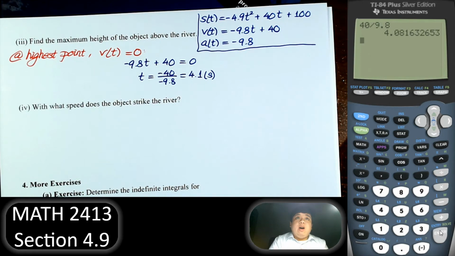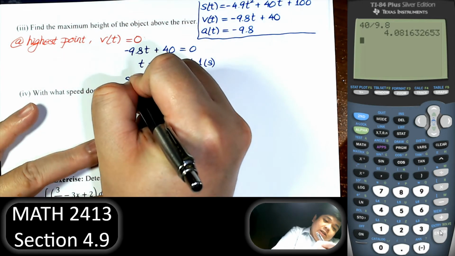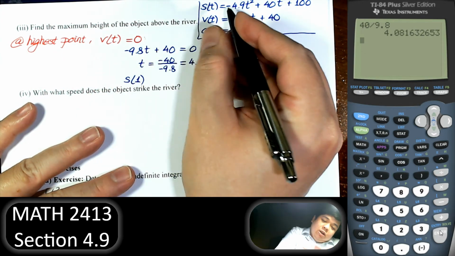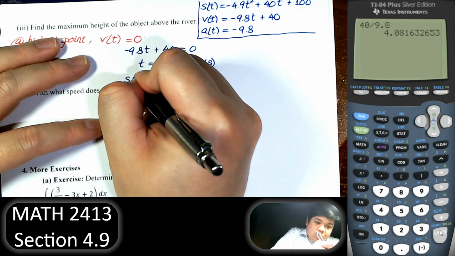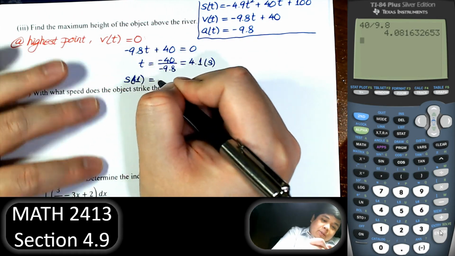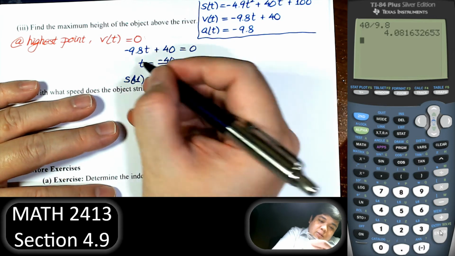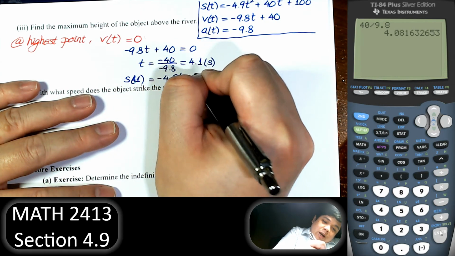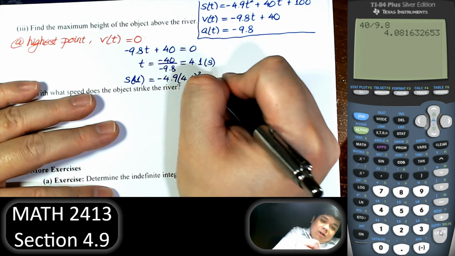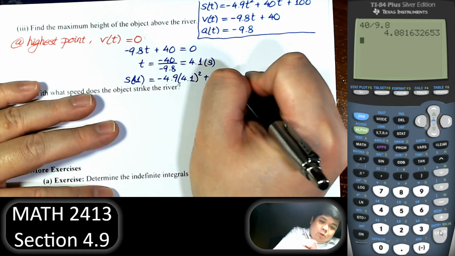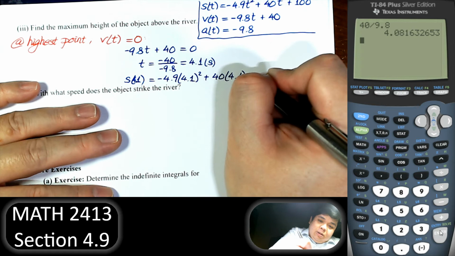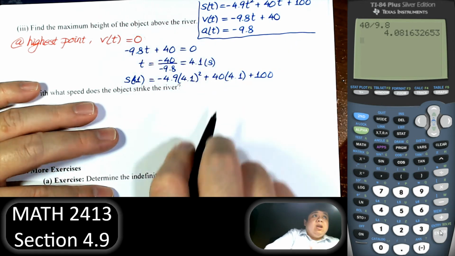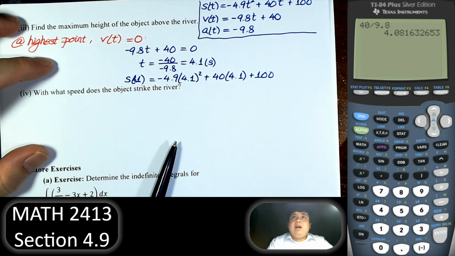And if we want to find the position of that, just put 4.1 into the position function. So negative 4.9 times 4.1 squared plus 40 times 4.1 plus 100. Right. Since I have that number, I can just store that into x.